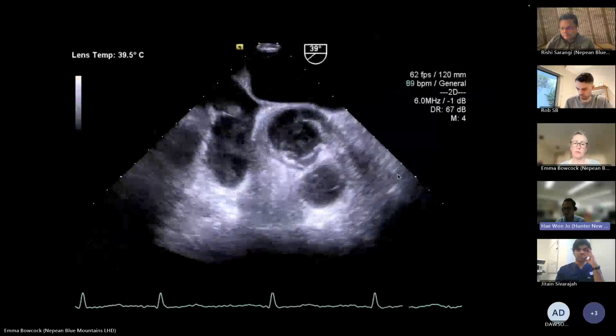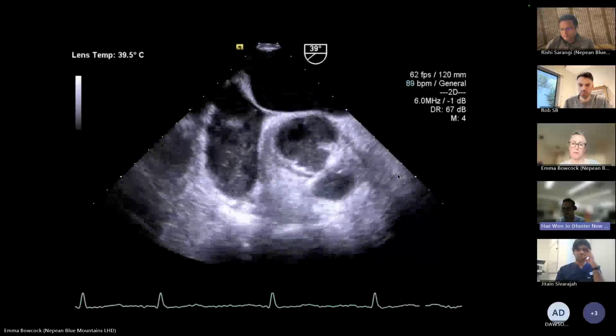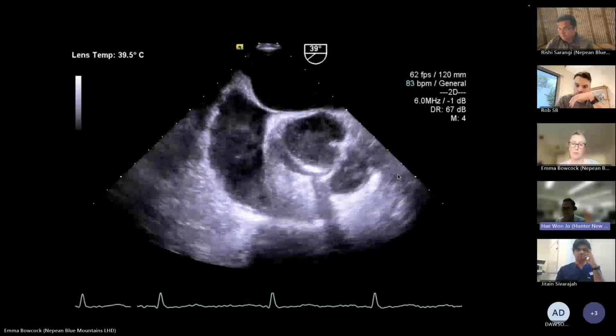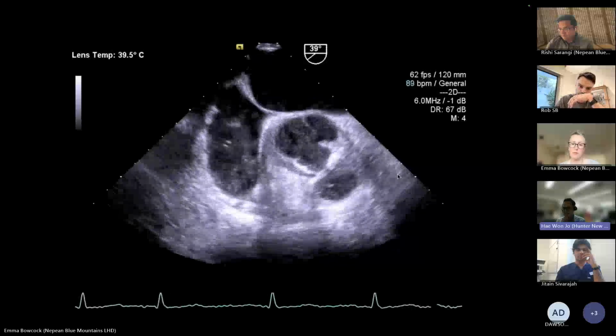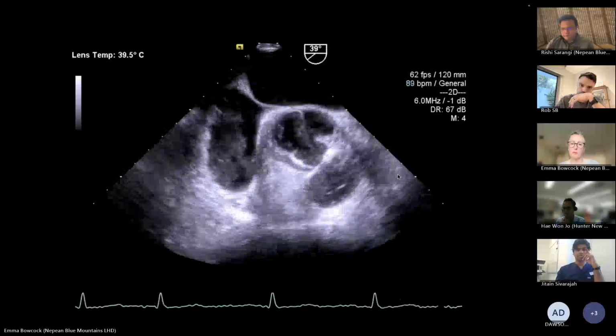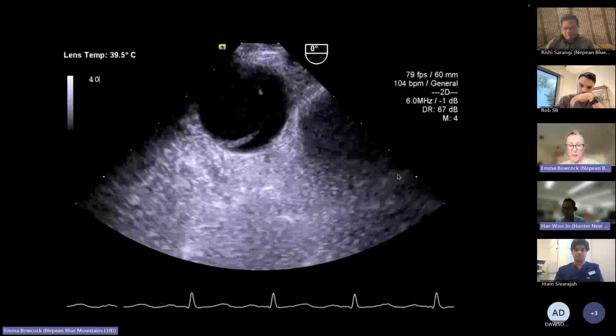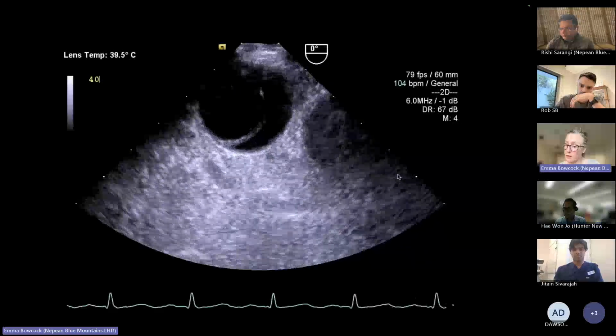The root doesn't look dilated to me, just on subjective assessment, so I don't think that's the case. I wonder if it's extension of the dissection flap causing excessive leaflet movement. Nice, Hewan. Good. I think that would have been a really good Viva.